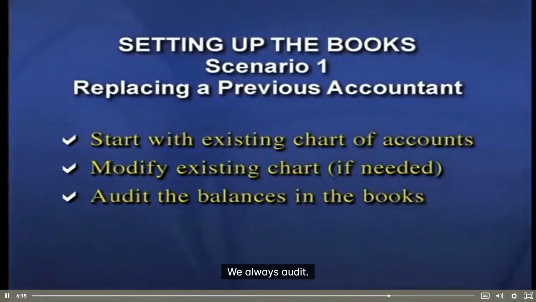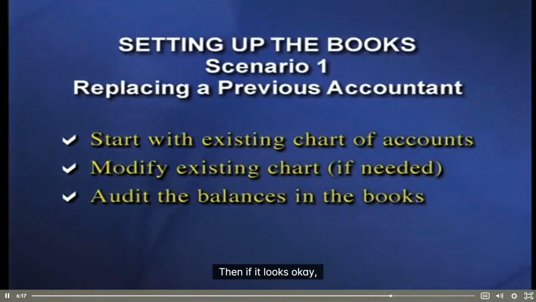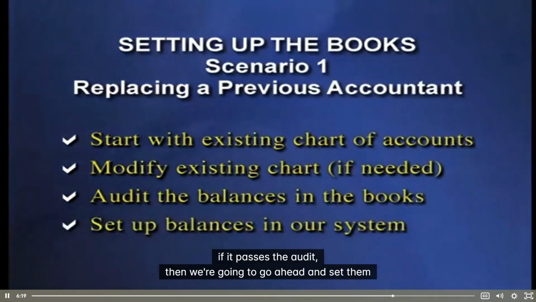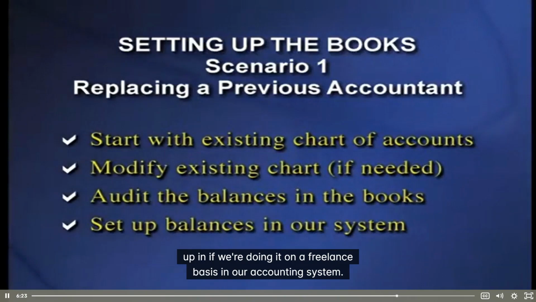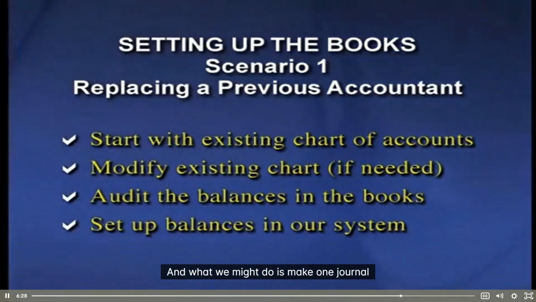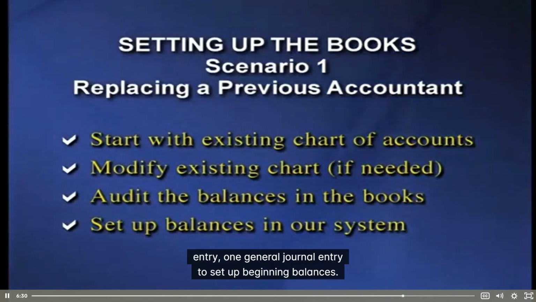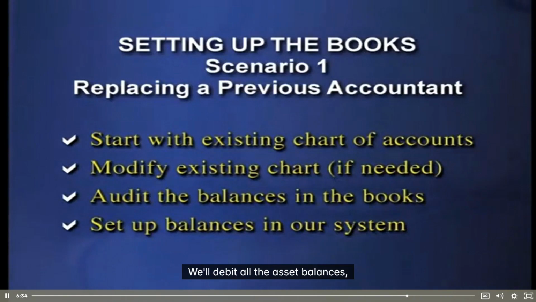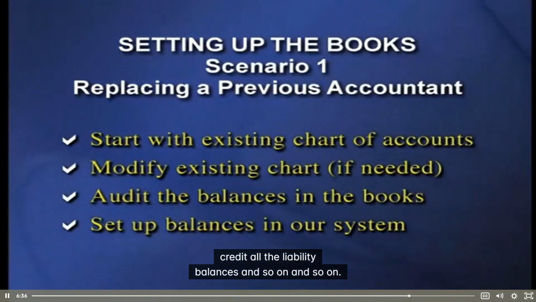We always audit. Then if it looks okay, if it passes the audit, then we're going to go ahead and set them up, if we're doing it on a freelance basis, in our accounting system. And what we might do is make one general journal entry to set up beginning balances. We'll debit all the asset balances, credit all the liability balances, and so on.